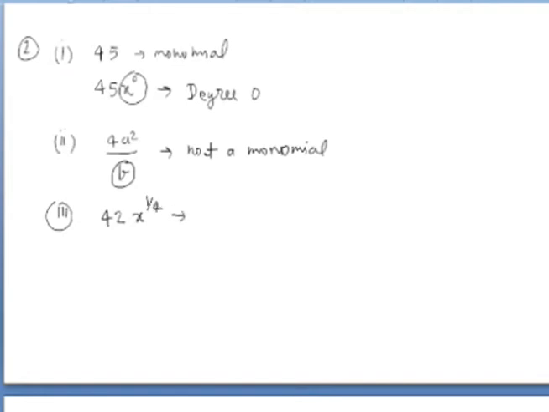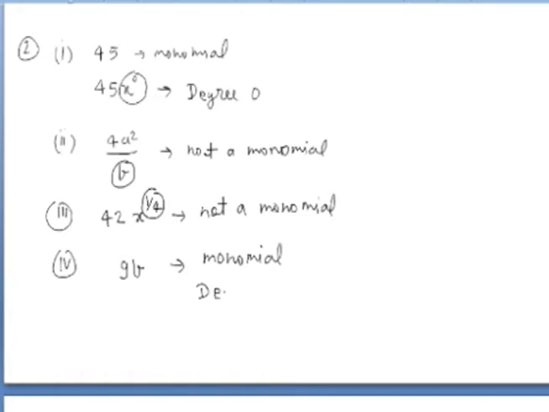So this is also not a monomial. Why? Because the power is not a whole number. It is a fraction. Fourth, 9b. Okay, so it is a monomial and degree is 1, because the degree of b is 1.